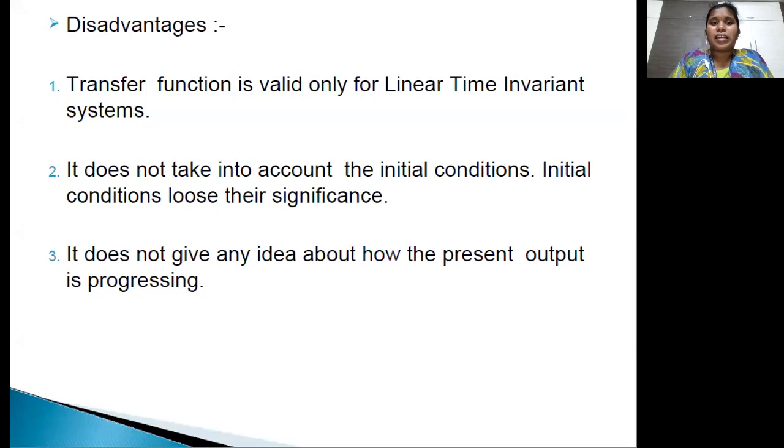And it does not take into account the initial conditions. That means we have to consider the initial conditions as 0. Otherwise, we are not able to determine the transfer function. And it does not give any idea about how the output is presented in processing. Whether the output is processing or not, we are not able to determine by using this transfer function.